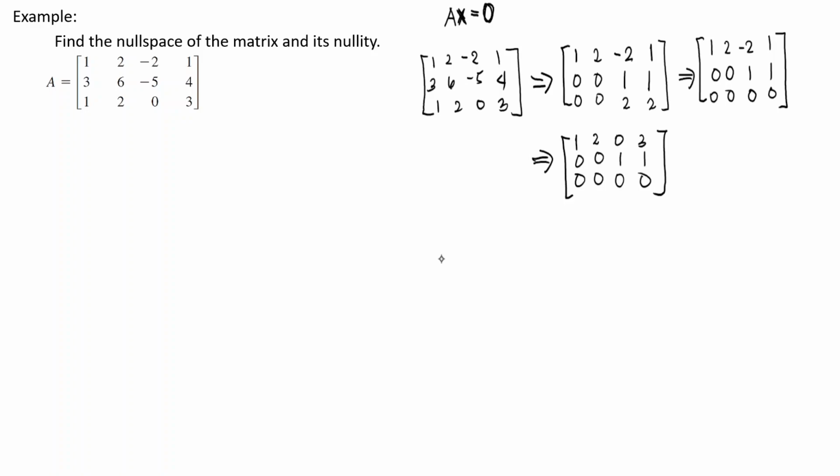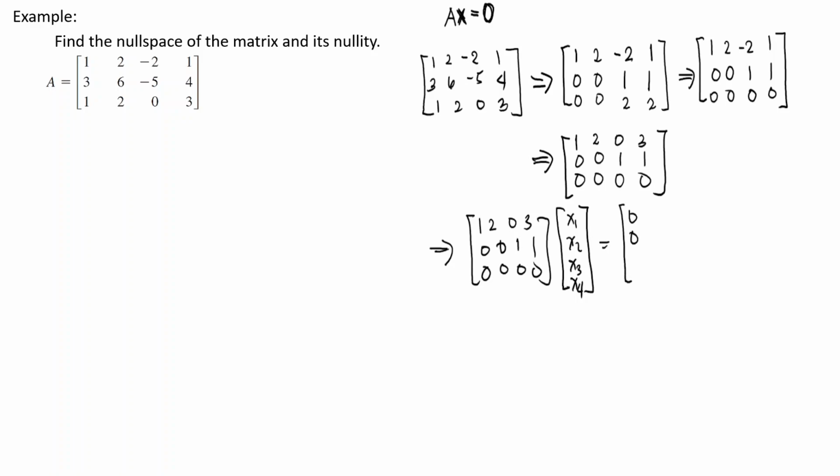Now from here, we have the homogeneous system, so we can say that 1, 2, 0, 3, 0 multiplied by x sub 1, x sub 2, x sub 3, x sub 4. We have 4 columns, so this is 3 by 4, so we have 4 by 1 equal to 0, 0, 0.